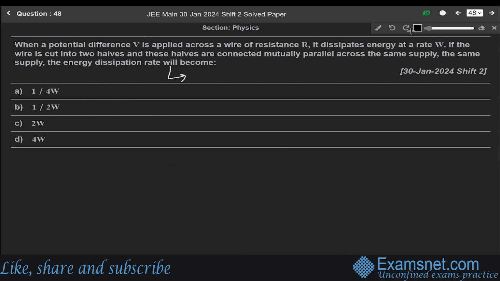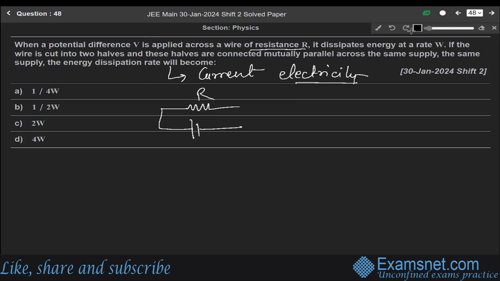This question is from the chapter of current electricity. According to this question, there is a resistor having resistance R and a potential difference V is applied across it. Its energy rate is W, and W means V square over R. This is a very basic formula.